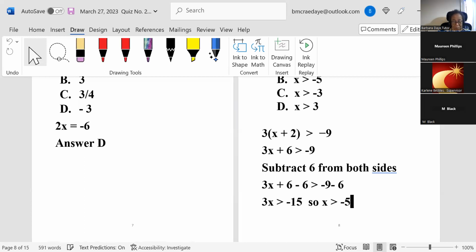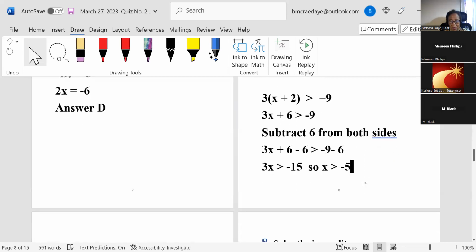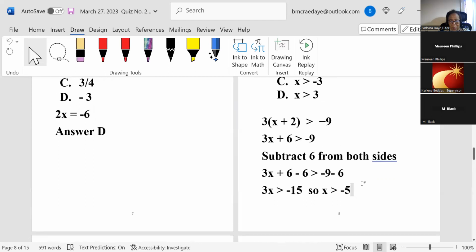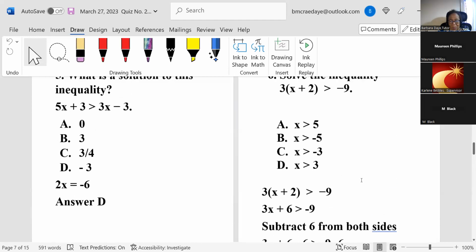That's it. What answer is that? I can see it most. Can you scroll a little bit? Is that going up? Yes. Okay. So what choice is that? The choice is B.